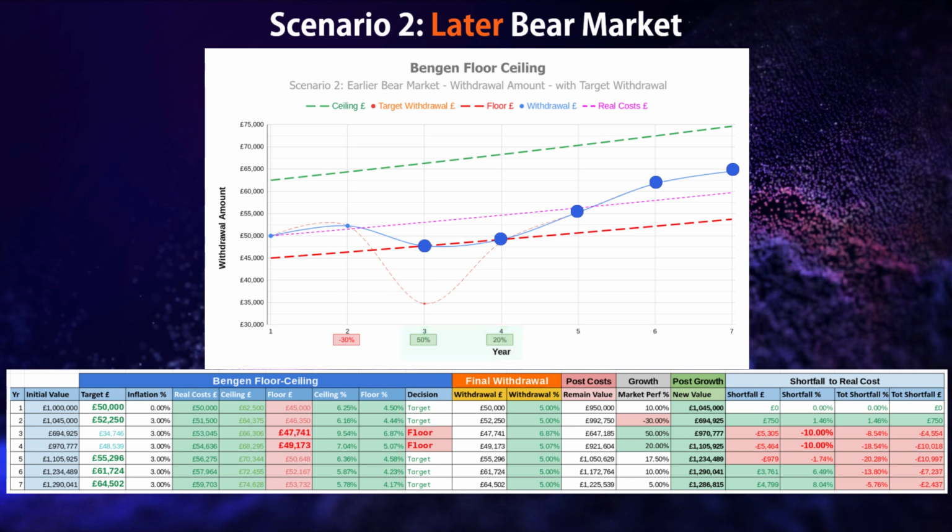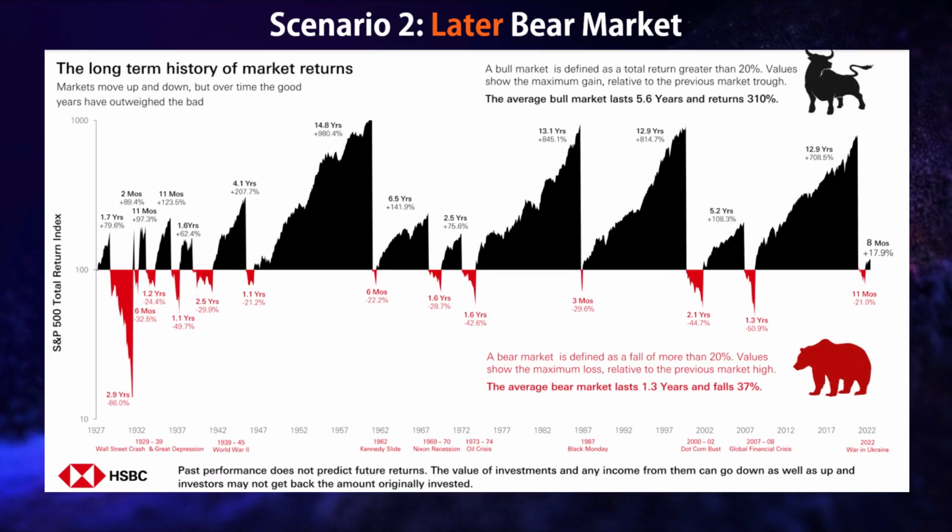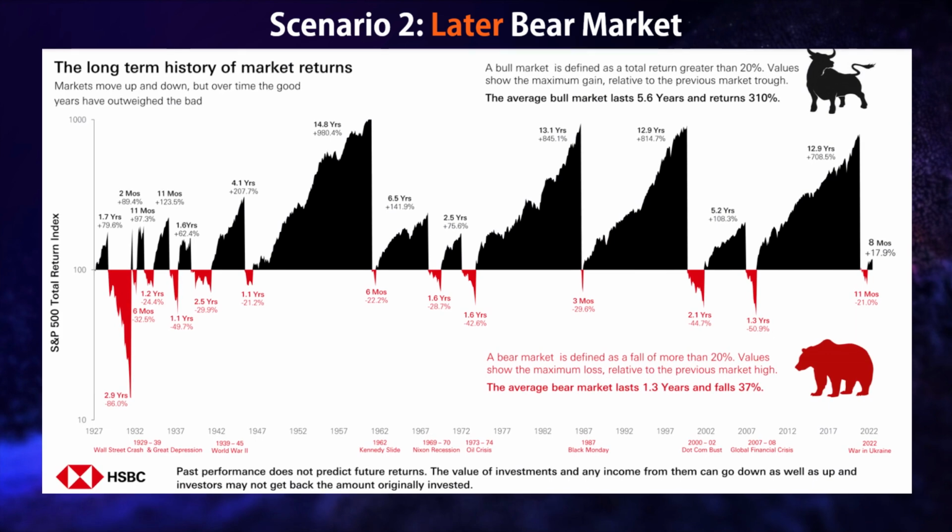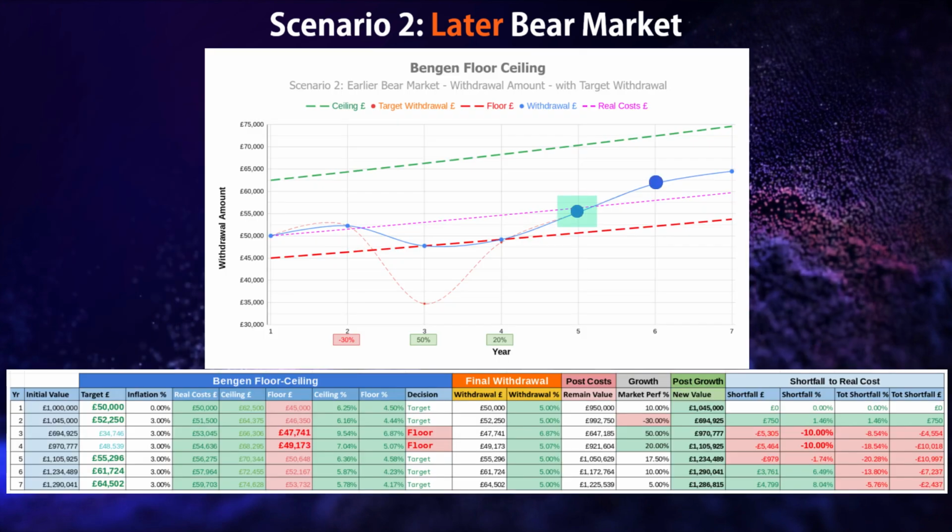Spending recovers rapidly, even exceeding original real spending levels, mainly due to the strong bull run post-crash, which saw the portfolio value increase by nearly 97.5% between years 3 and 6. Although this scenario is somewhat synthetic, it has its basis in historical market recoveries. The key takeaway is the strategy's responsiveness to market rebounds.